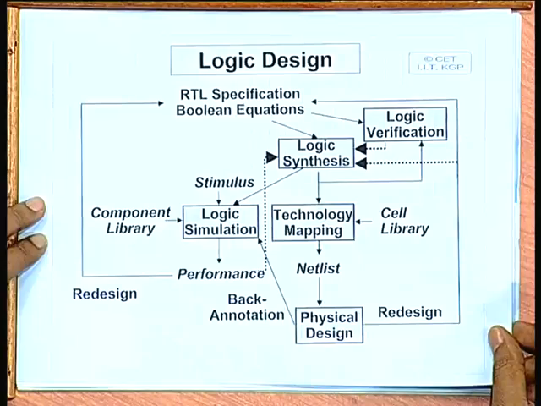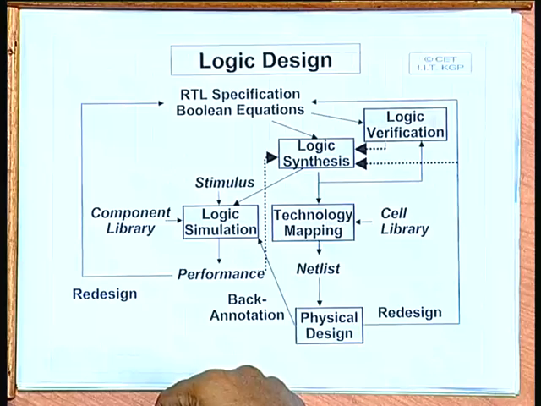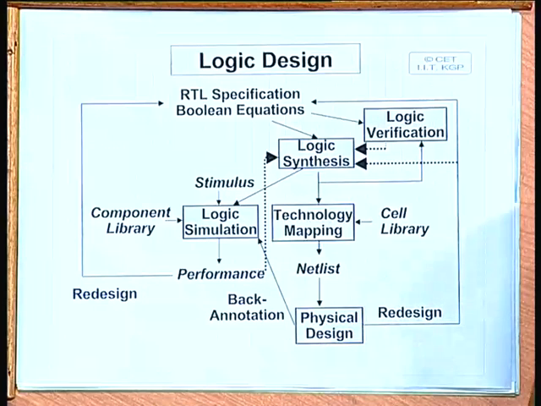So, to start with, we first talk about the logic design process as part of synthesis. We are talking about synthesis, which means we are talking about translating the behavior into the structural specification.